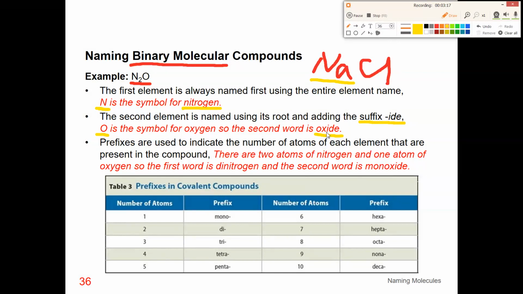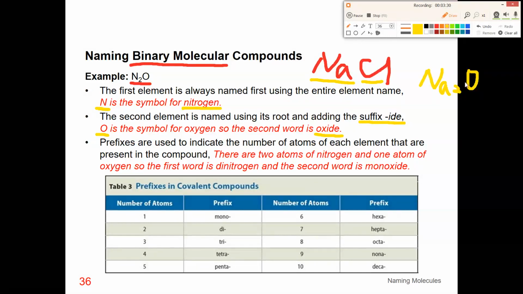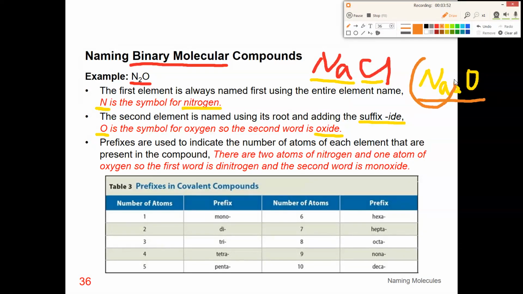It's the same as in ionic compound. We change the second one's ending to IDE, like sodium chloride. If I have sodium oxide, it's the same thing, called oxide. So the ending is the same, change to IDE. However, when we talk about ionic compounds like sodium oxide, it depends on the type of cation.